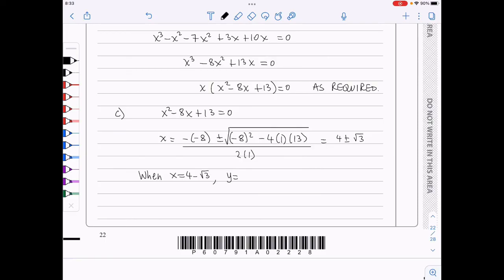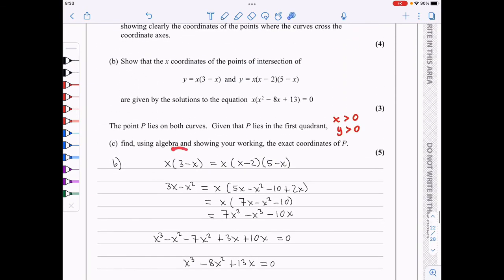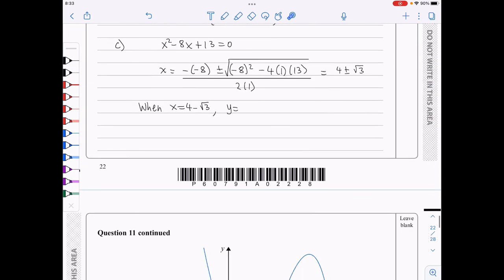to find y, I will substitute it into the simplest of the two, this one here. It's going to be 4 minus root 3, brackets, 3 minus 4 minus root 3. So I'm replacing x with 4 minus root 3. I need to show the working because it was explicitly stated in the question that they want to see the working out.